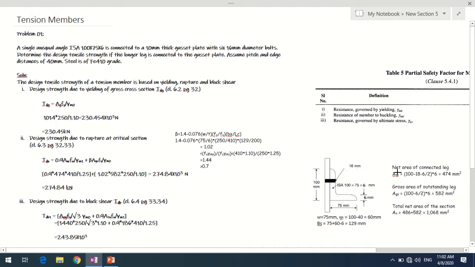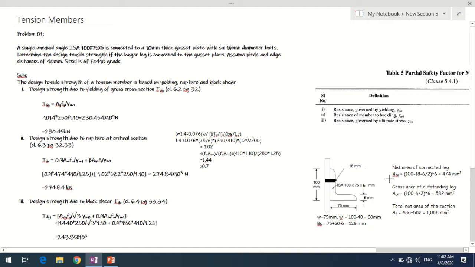The net area of the connected leg will be 100, the total width of the leg, minus the bolt hole diameter 18, minus half the thickness. We'll be taking half the thickness in the longer leg and half the thickness in the shorter leg while calculating the areas. So minus half the thickness of the angle, into the thickness of the angle. This comes out as 474 mm square, the net area of the connected leg.